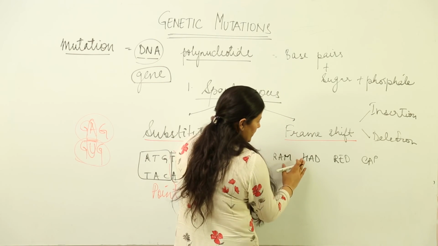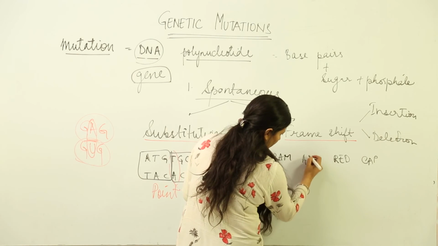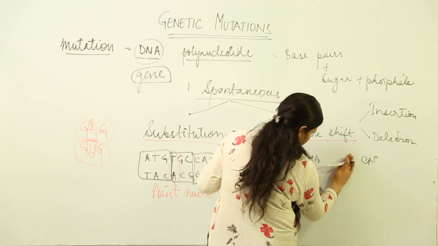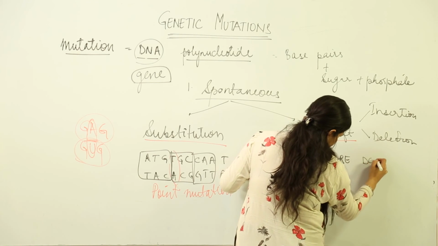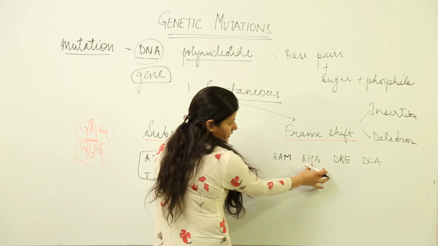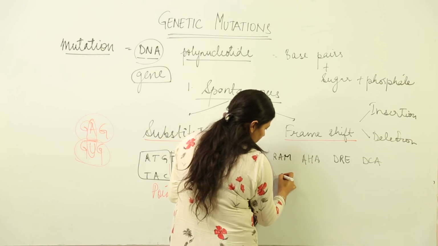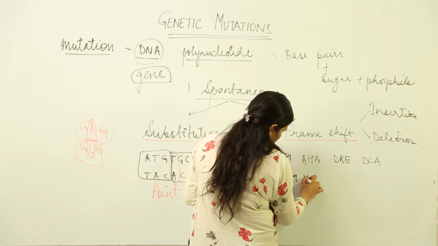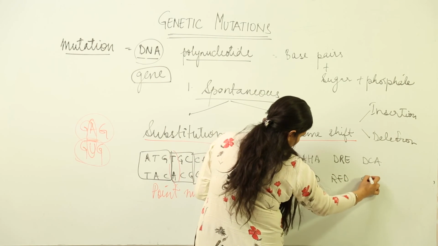Alright. Now supposedly you add over here A. Now it would go like this. You see, after A the entire frame has changed, before it it's okay. Now supposedly there is deletion. "Ram had red cap."